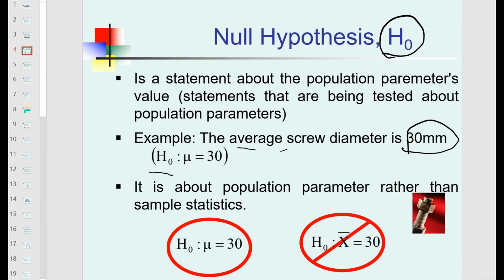So you see it is written here as mu and not as x bar. Both of them mean the same thing, mean and average, but it's just that we want to differentiate. This is on population, not sample. So it's just a matter of notation. I hope that is clear on that.